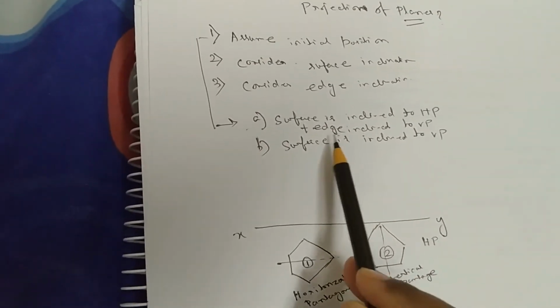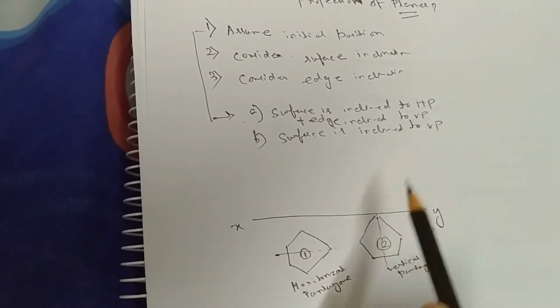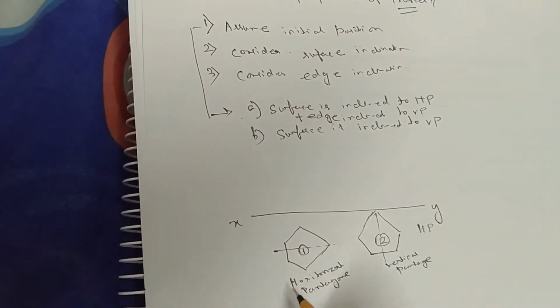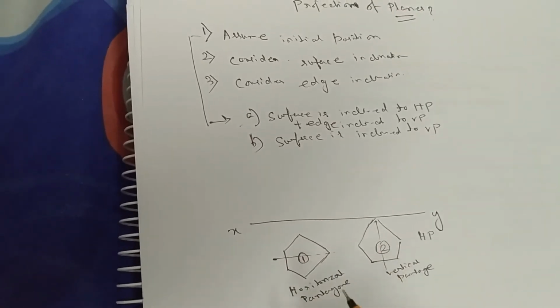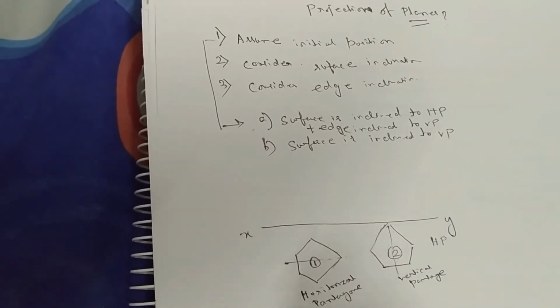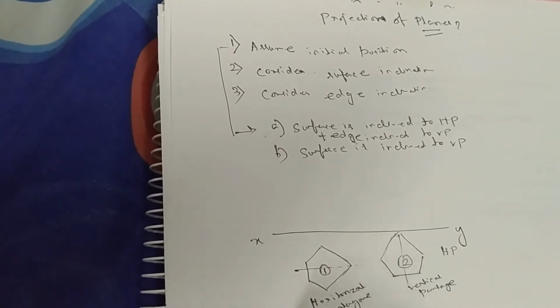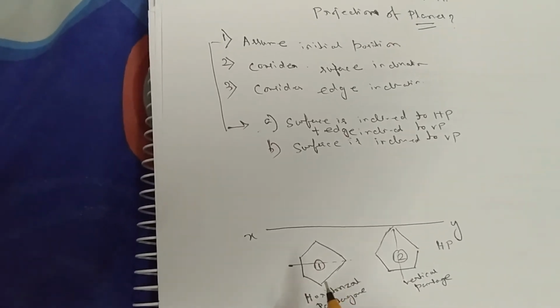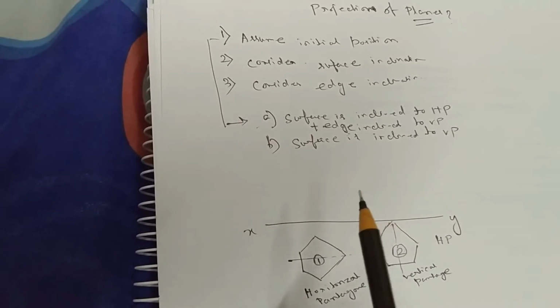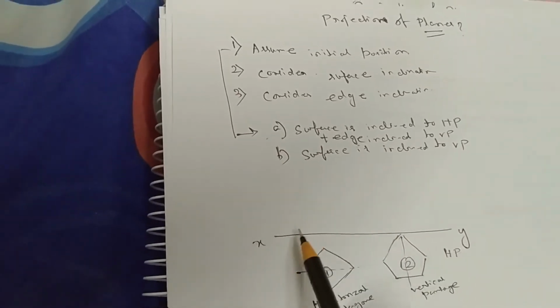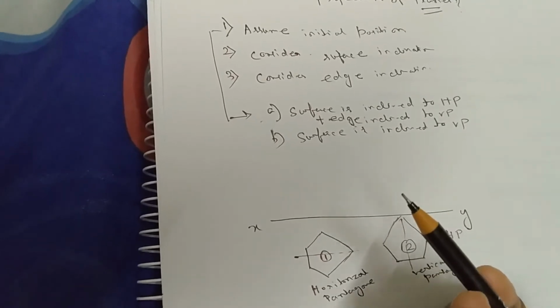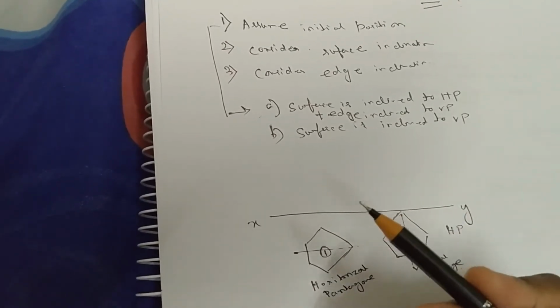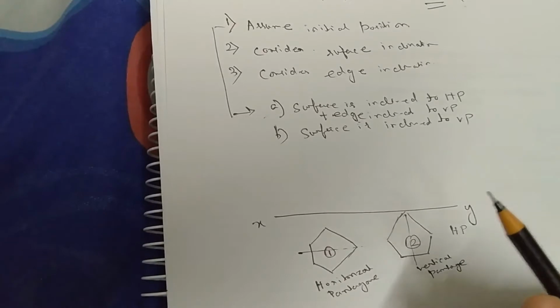So first it is saying the edge is inclined to VP. For that, the initial assumption has to be that one edge is perpendicular to this XY line, so that if you rotate it, only then can you get inclination to VP.